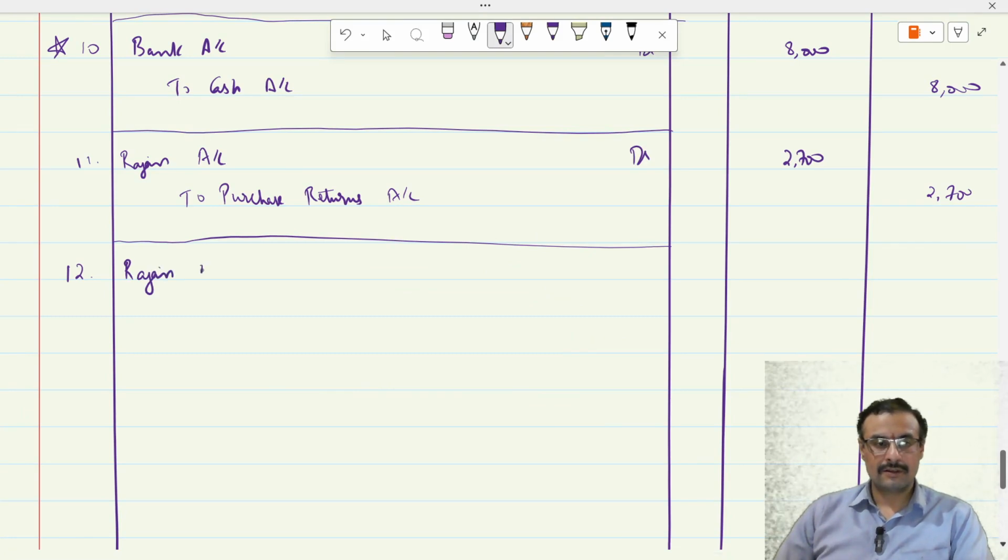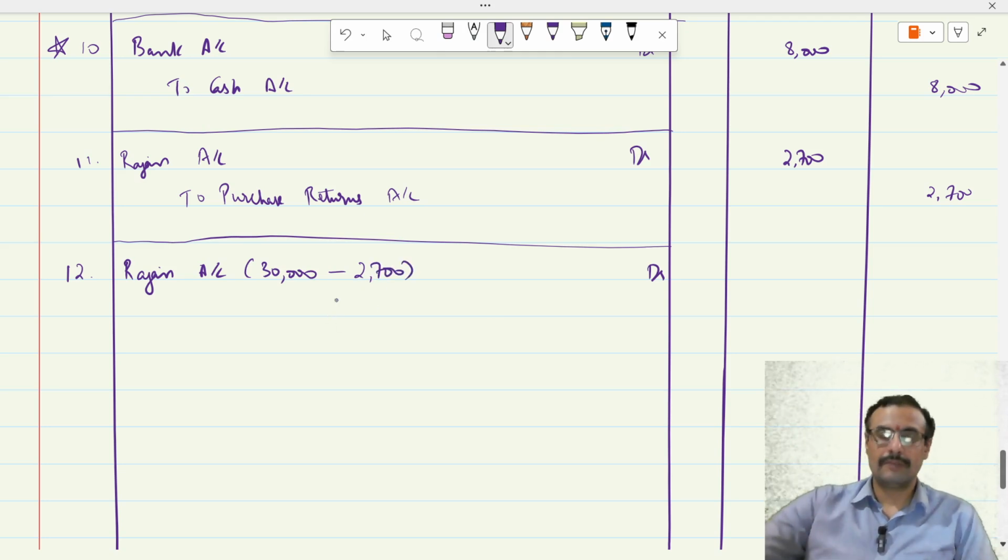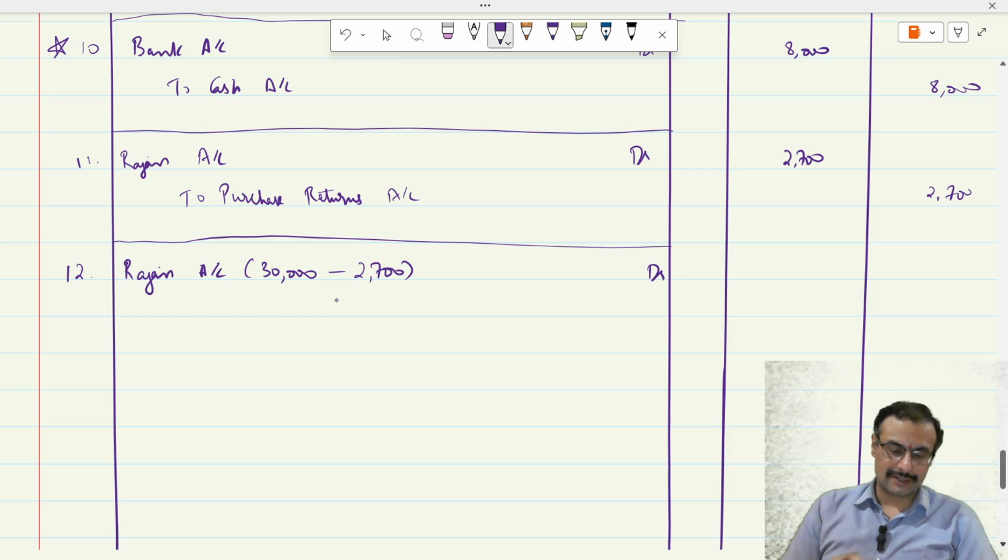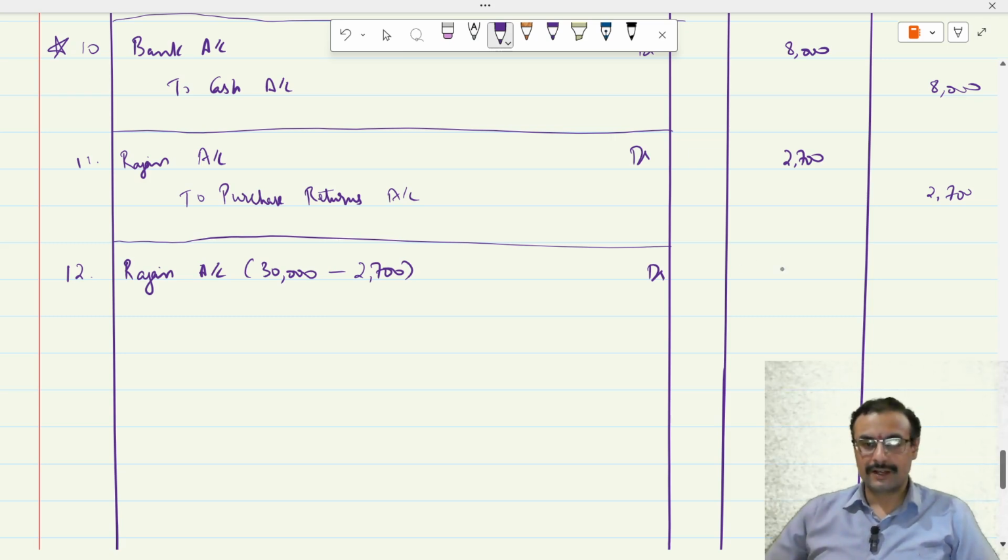Rajan account debit. Now we had to pay Rajan 30,000 from the earlier transaction, and we reduced it by 2,700 due to purchase returns. So how much should we still pay Rajan? 30,000 minus 2,700. We still have to pay Rajan 27,300.